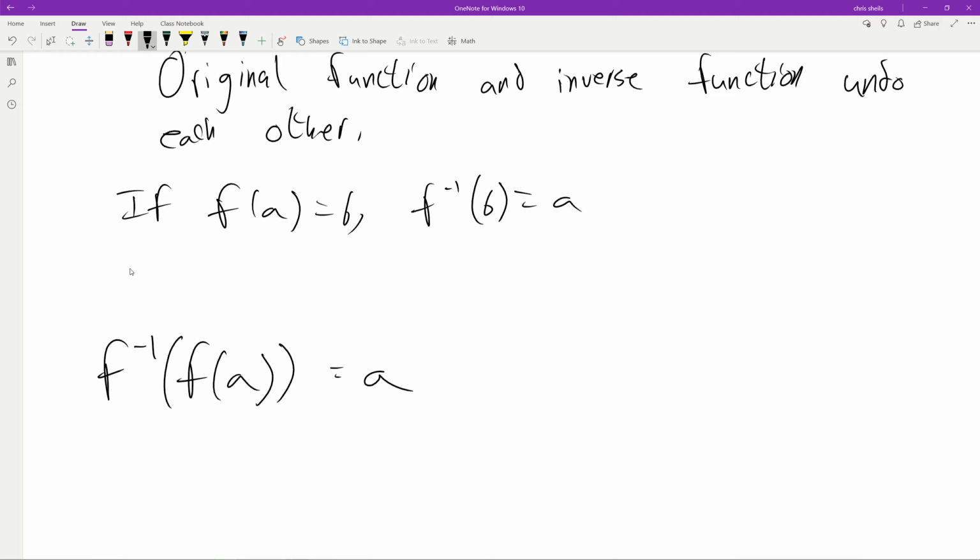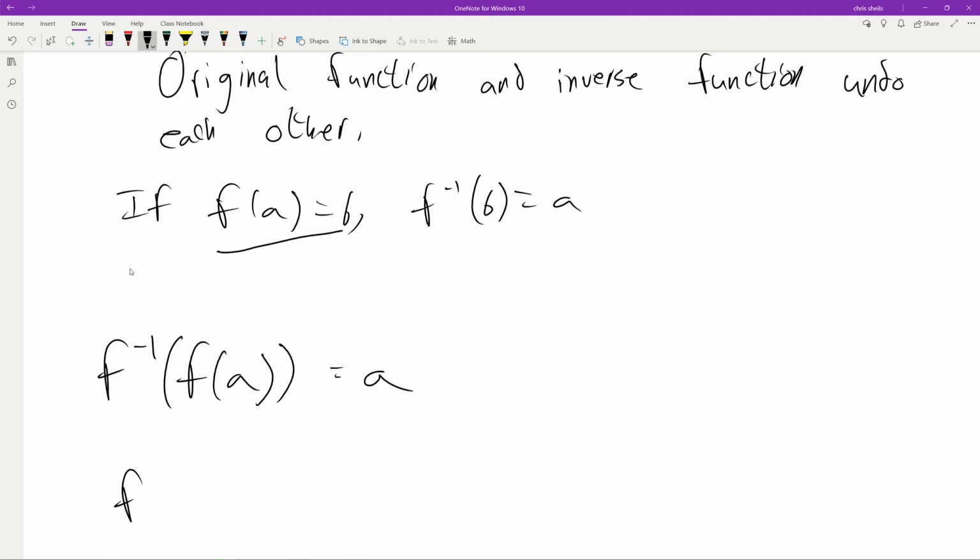And this we could justify by saying, let's say that f of a is equal to b. Then I would be taking f inverse of b, and that spits a out. These undo each other.